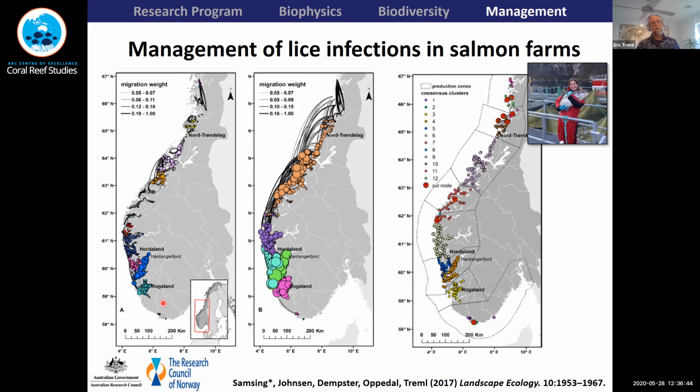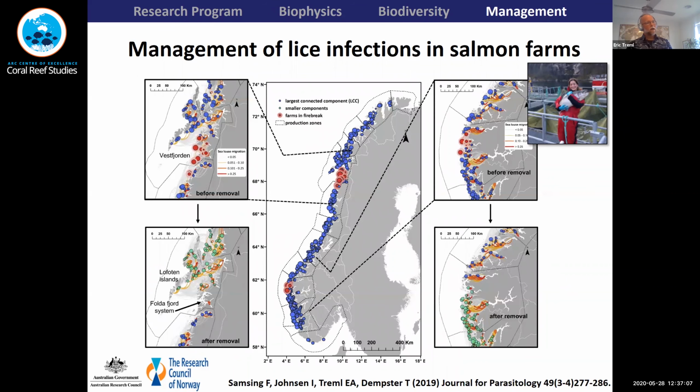On the left here, this is summer, and this is winter. And this is kind of the natural clustering of farms across these seasons. So Norway has actually taken up this information, and they use this grouping to manage the farms in their seascape.